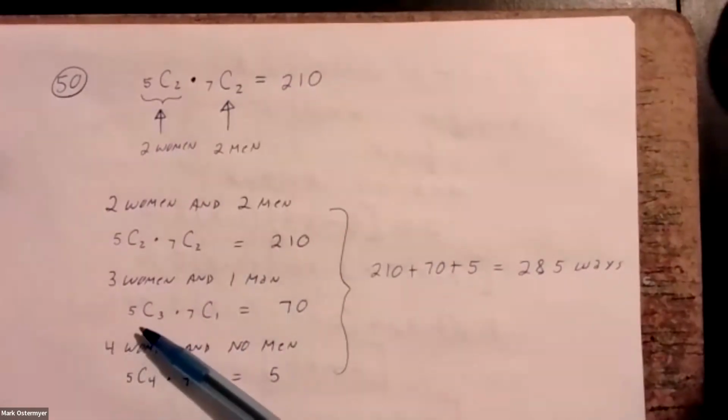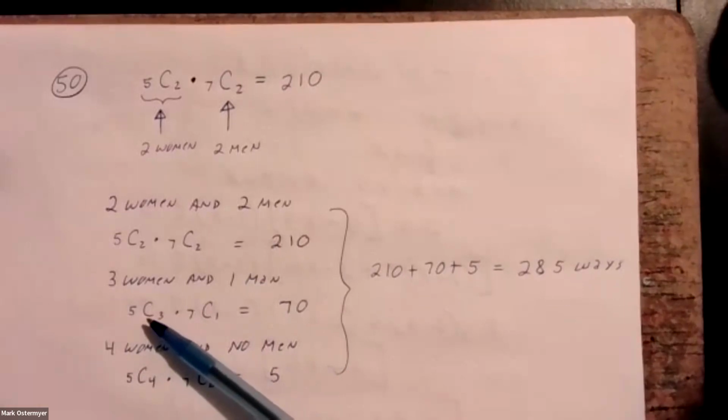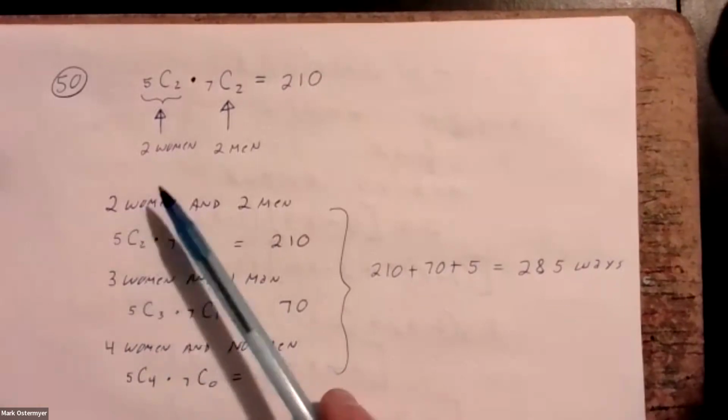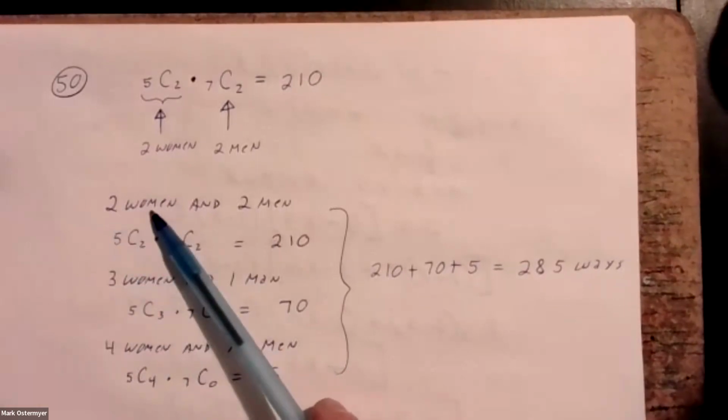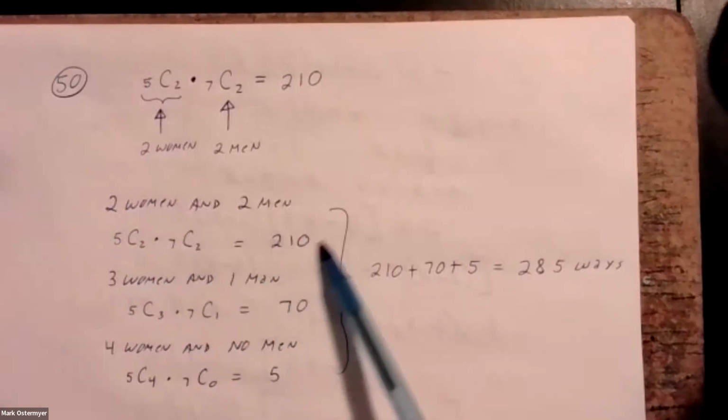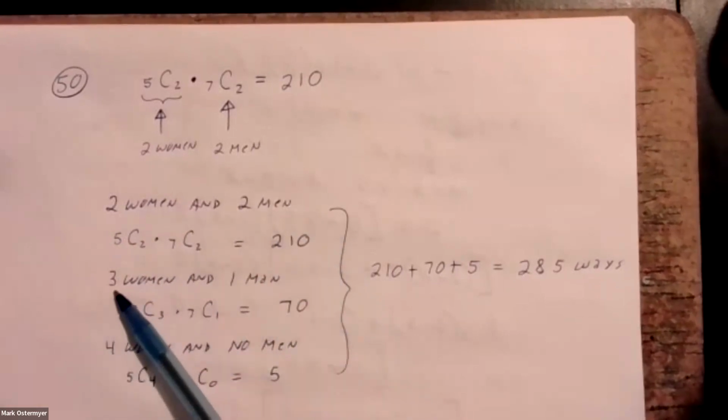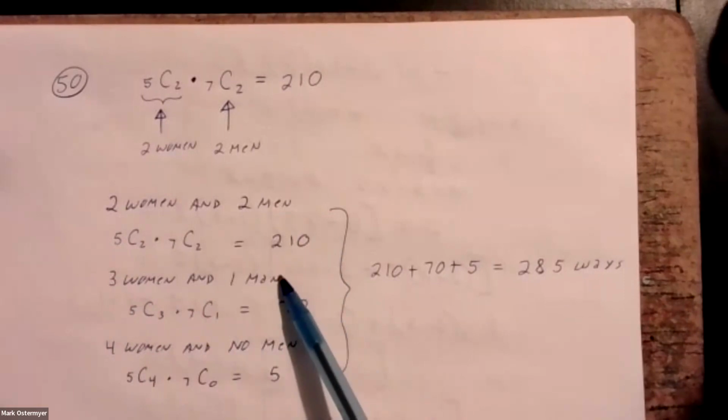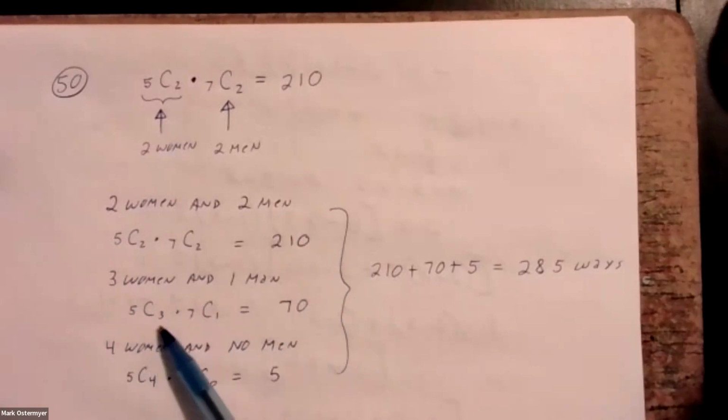Suppose, however, there must be at least 2 women admitted of the 4 people. Well, that could mean 2 women and 2 men, which means 210 different ways. Or we could admit 3 women and 1 man. 5 in combination with 3 is the number of ways of admitting 3 women from 5 women. Order does not matter.